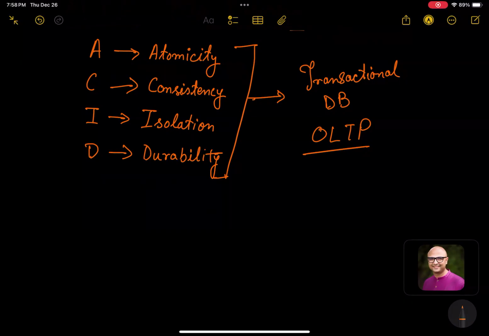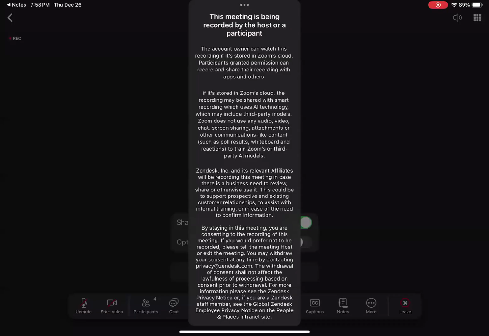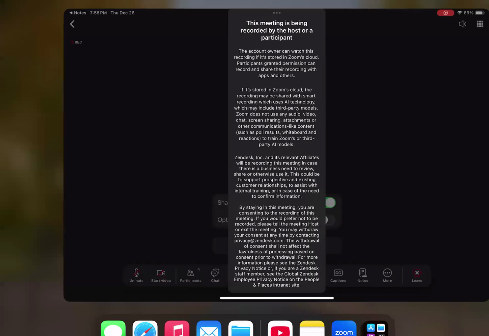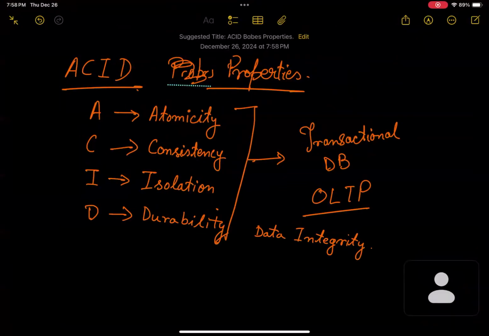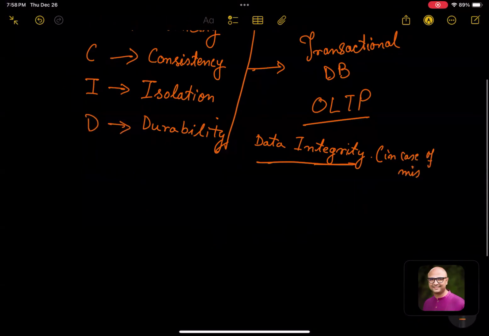So what does ACID ensure? It maintains data integrity in case of a mishap.